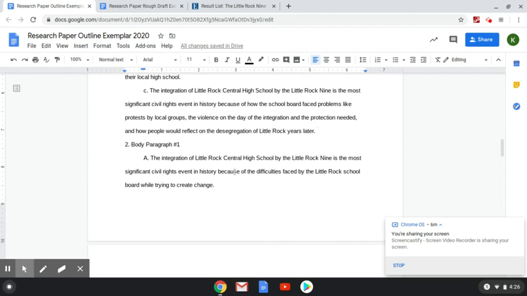What I would have liked is the protests by local groups to be mentioned again in this topic sentence. But overall, it's talking about the same topic, right? It's talking about the difficulties faced by the school board. So based on the thesis statement, I do know what's going to be discussed in this body paragraph, and the topic sentence here reiterates it. So it's good. It just could be a little bit more specific.